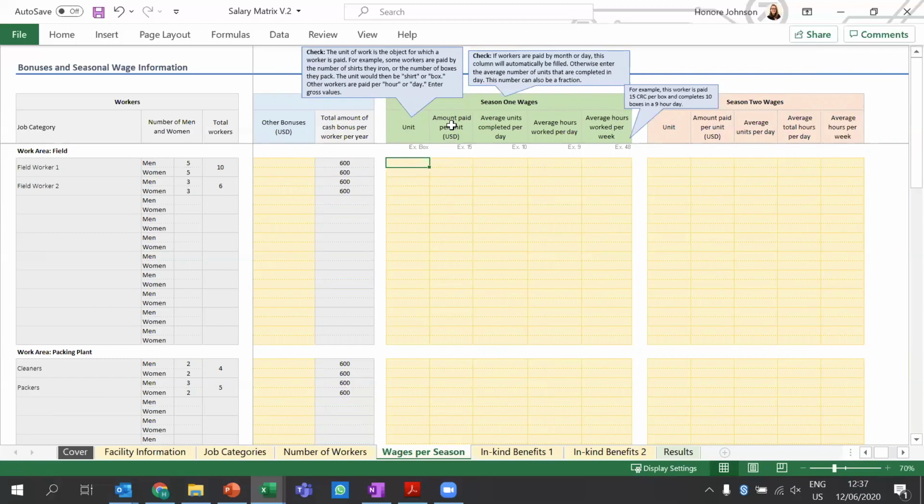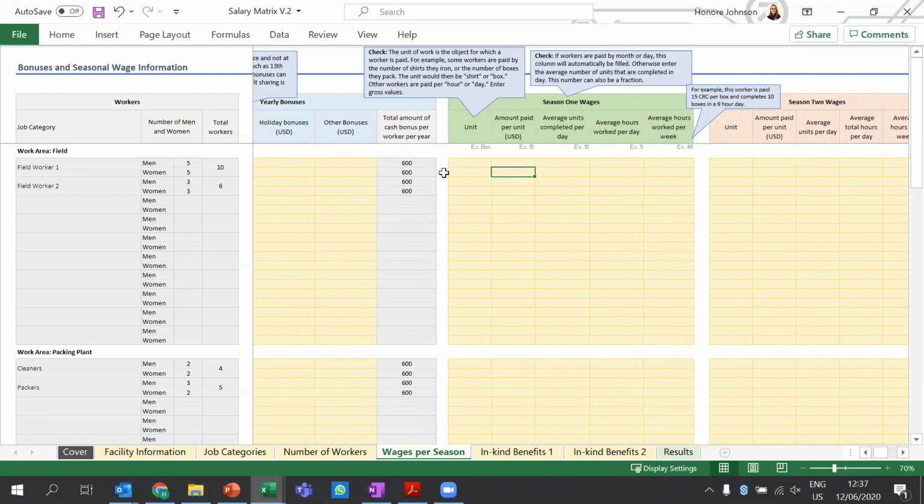In the next column, we will see the amount paid per unit. So the amount paid per unit would be equivalent to the amount that is paid per box. In this example that you see here in gray, we see that the workers are being paid 15 USD per box. For the example that I'm completing here, these workers are field workers and they are paid by bunch of bananas, so we can enter the word bunch for all of these workers.